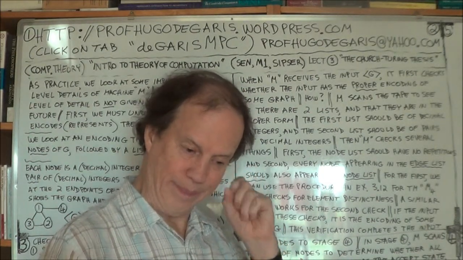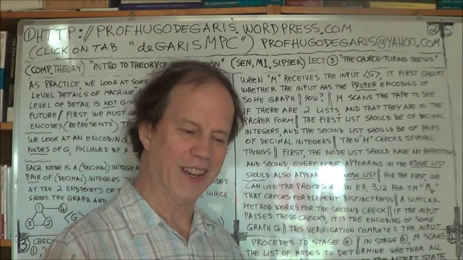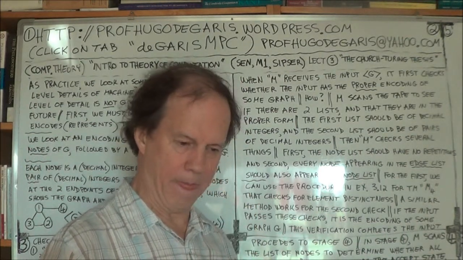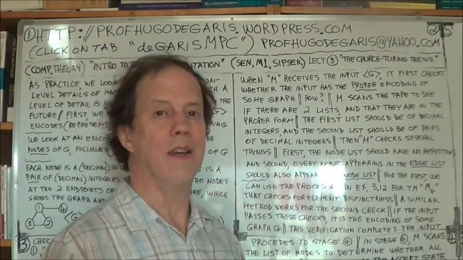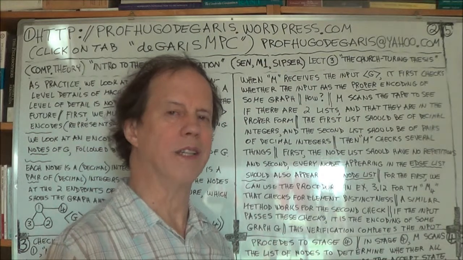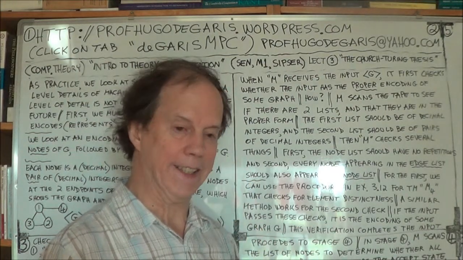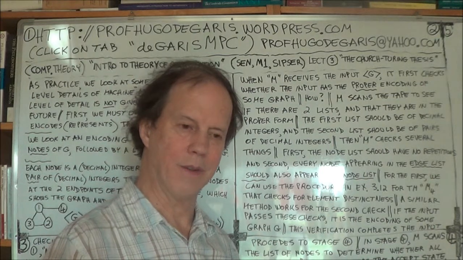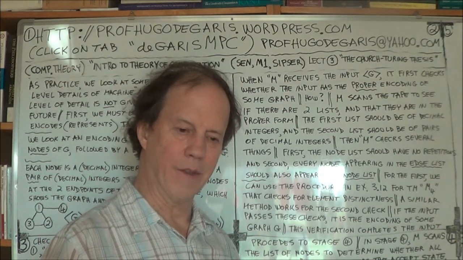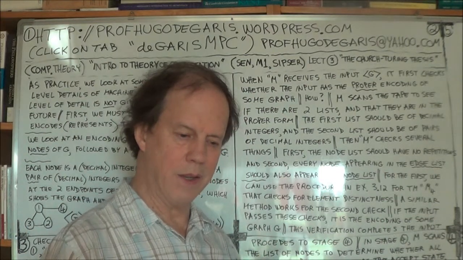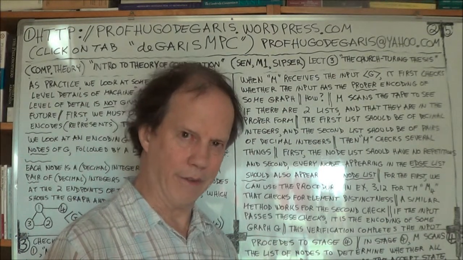Well, you'd probably check that the input stream is what it claims to be, that it really is a representation of a graph. So you would check that the format of the string is in the form of a graph.